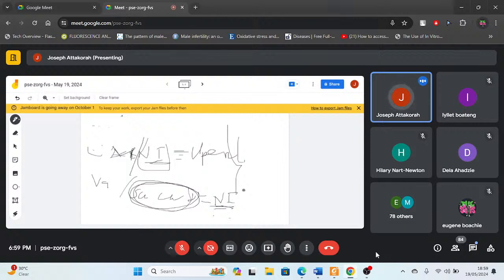Neprilysin has high affinity for atrial natriuretic peptide and C-type natriuretic peptide, but it has low affinity for B natriuretic peptide. So note this.